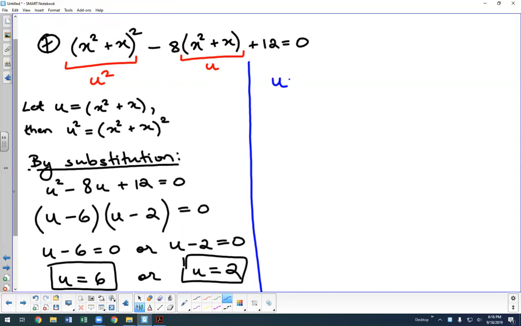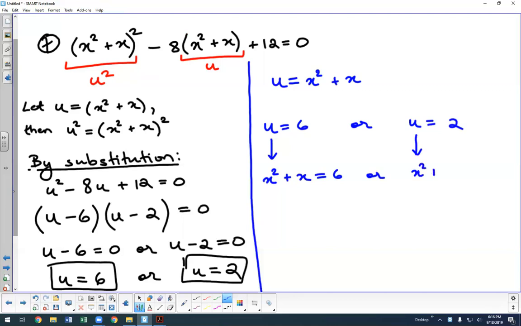Since we know we define u as x squared plus x, we'll bring in our u equals 6 or u equals 2. And then rewrite these u terms as x squared plus x equals 6 or x squared plus x equals 2.